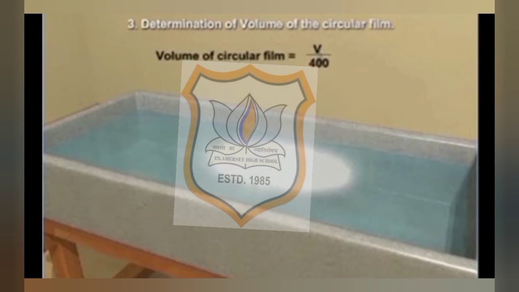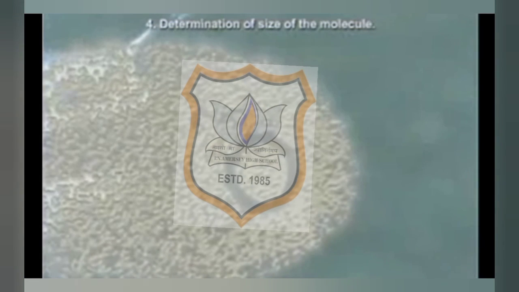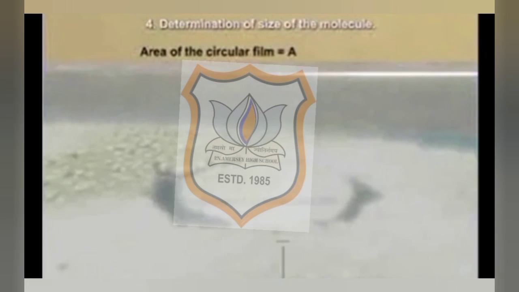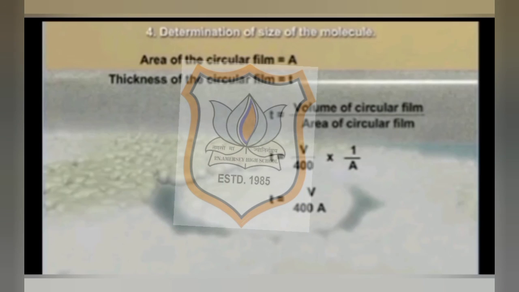Volume is V. So, the thickness of the film can be found by the formula t is equal to volume of the film upon area of the film, where area is denoted by A and volume is denoted by V. So t becomes V upon A. In this way, we get the size or diameter of a molecule of oleic acid.